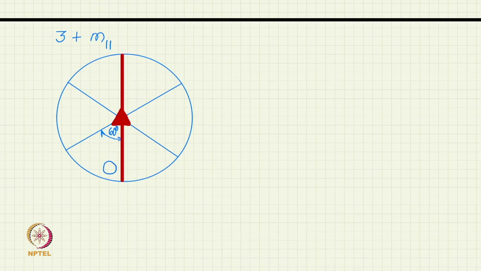So, I start with a motif, a right-handed motif, and first I do not worry about the mirror, I just look at the existence of the three-fold. So, I rotate this motif by 120 degree. So, I get another motif there and another 120 degree.